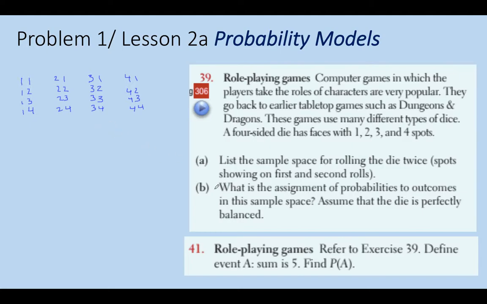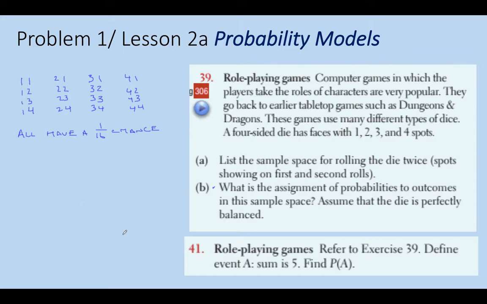And then here, this is a lot of words for something that's pretty simple, but it says, what is the assignment of probabilities to outcomes in this space? They all have a 1 in 16 chance. They each have one positive outcome and there are 16 of them, so 1 out of 16.